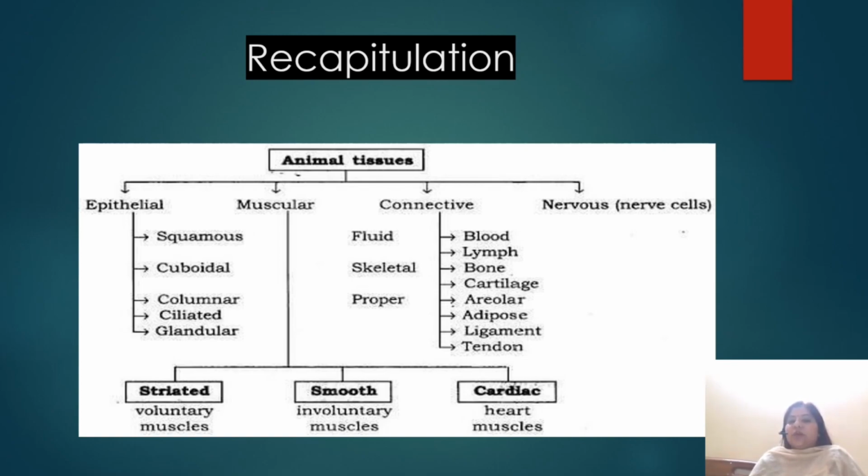Fluid connective tissues are blood and lymph, skeletal connective tissues are bone and cartilage, and proper connective tissues are areolar tissue, which is gap filling tissue, adipose tissue, which is fat storing tissue, ligament, which is joining bone to bone, and tendon, which is helping in joining muscle to bone. The nervous tissue is the fourth type of tissue, which is the longest tissue in animals.